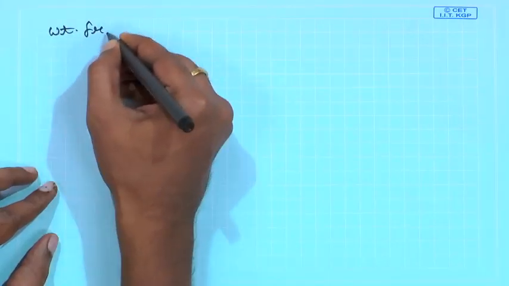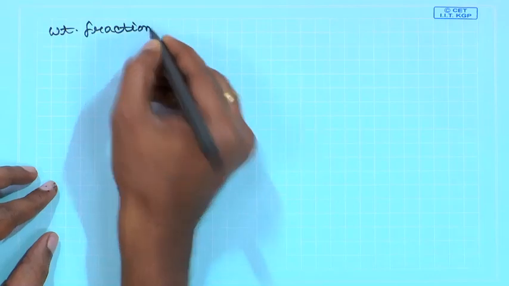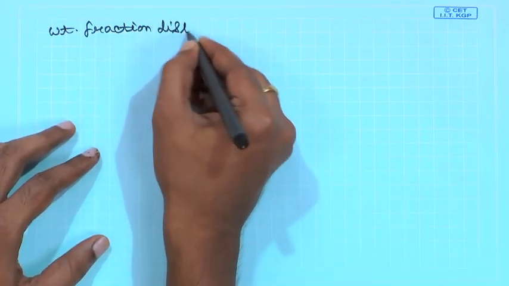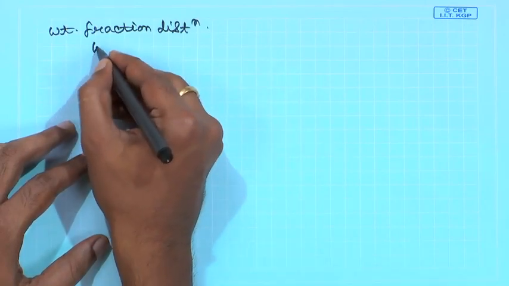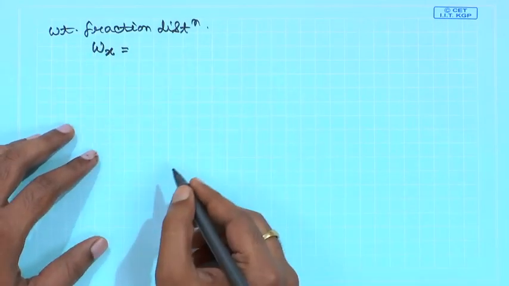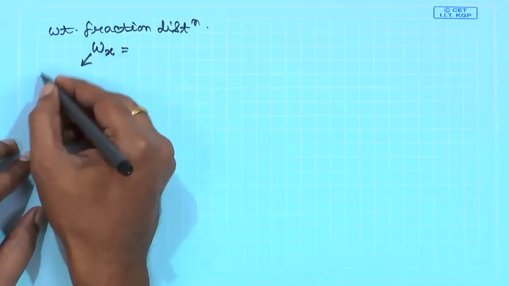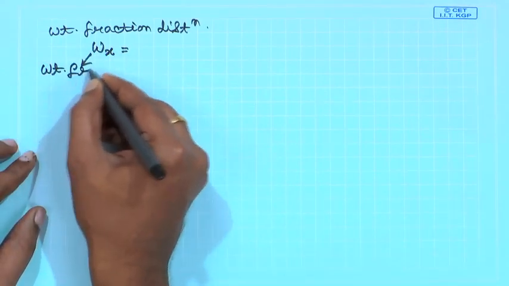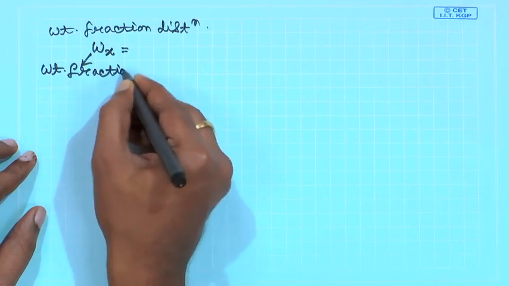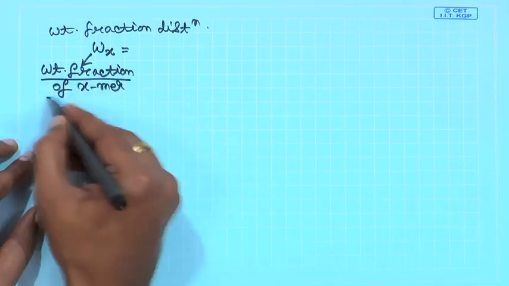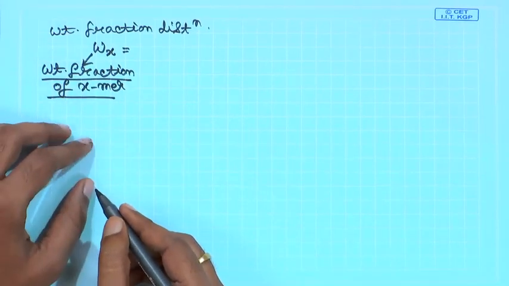So, number fraction distribution. Now, what is the weight fraction distribution? Let us say I put small w x. So, basically, small w x is the weight fraction of x-mer, just like the number fraction of x-mer.